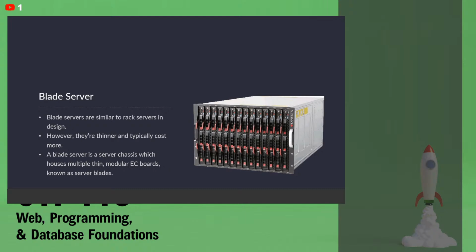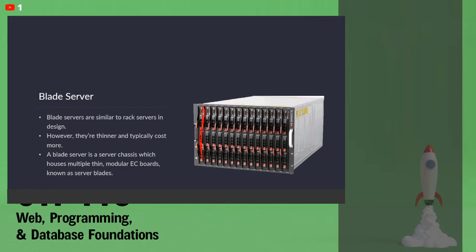Each one of these rows, if we were to look at them up and down here, and I'll mark it up for us, is a server. It just gets inserted and can be pulled out as need be. So we can see they're quite a bit thinner than those other servers we were just looking at, and we fit multiple of them in a chassis.